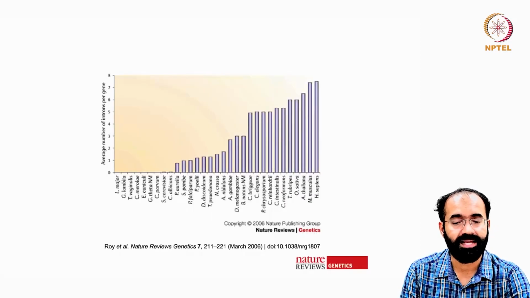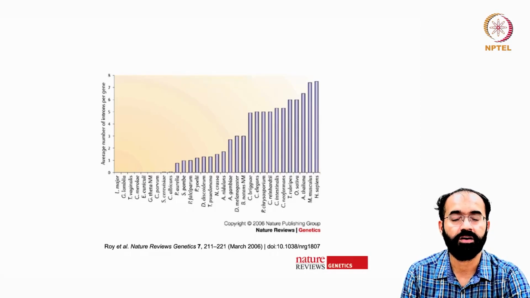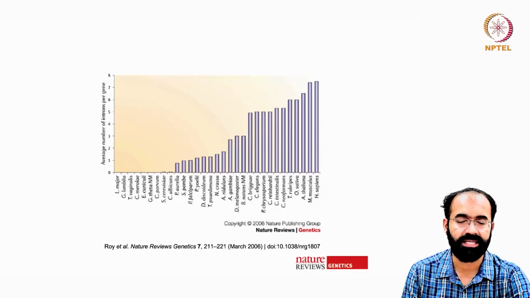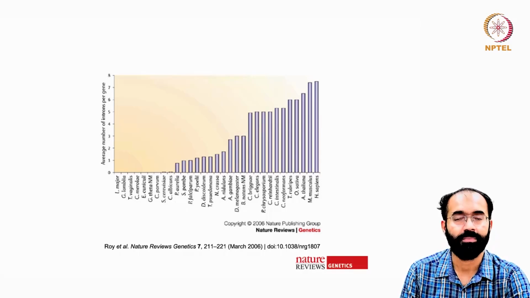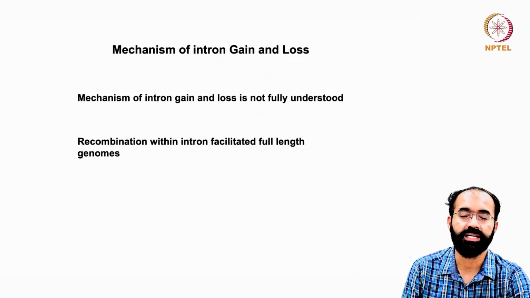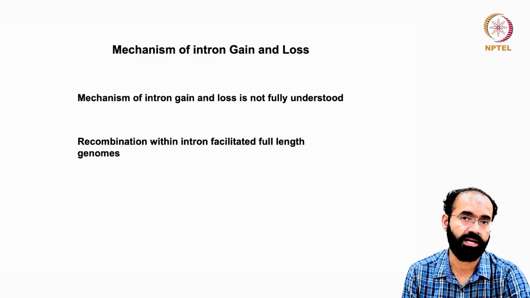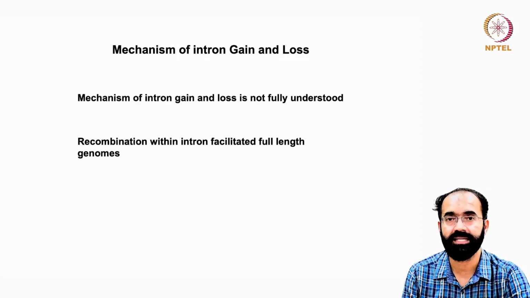We know this slide, we have seen it earlier also. As the complexity of an organism increases, you have more and more introns. Humans have around 7 to 8 introns per gene, same with mice also. But the question is, how do we gain or how do we lose introns? The mechanism of intron gain and loss is not fully understood because nobody can see it in real time.